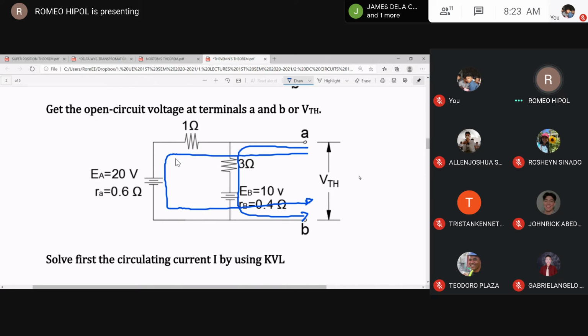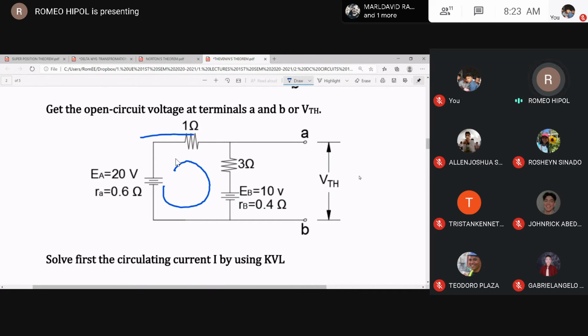Naintindihan? But the problem is we have a closed circuit on this portion. Ito yung closed circuit natin, di ba? So in closed circuit, and with the given supply, so there's a circulating current at the loop, at the closed loop.